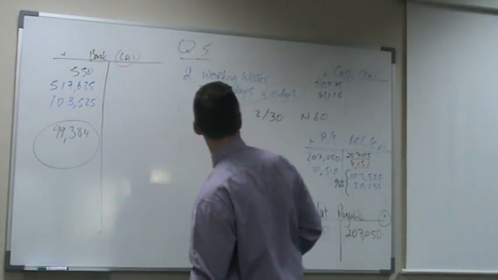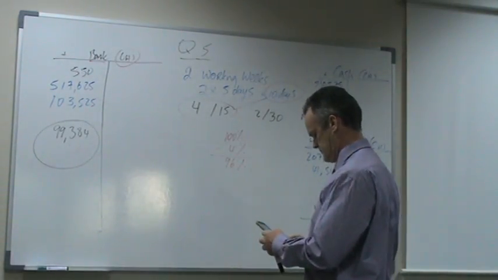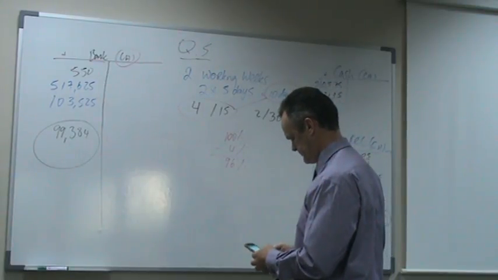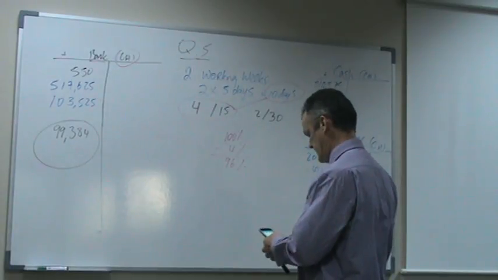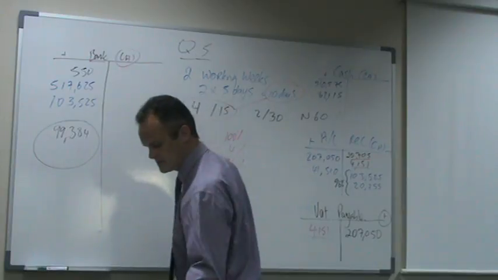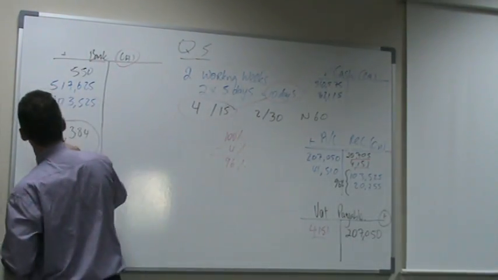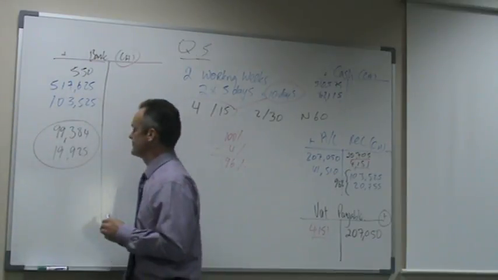And 96% of 20,750 is 19,925. Right, so this is how much we received in the bank.